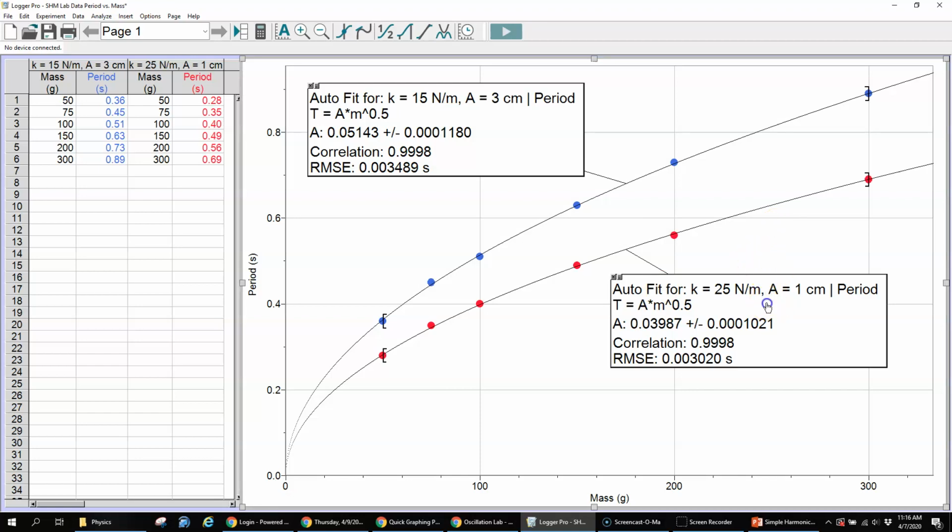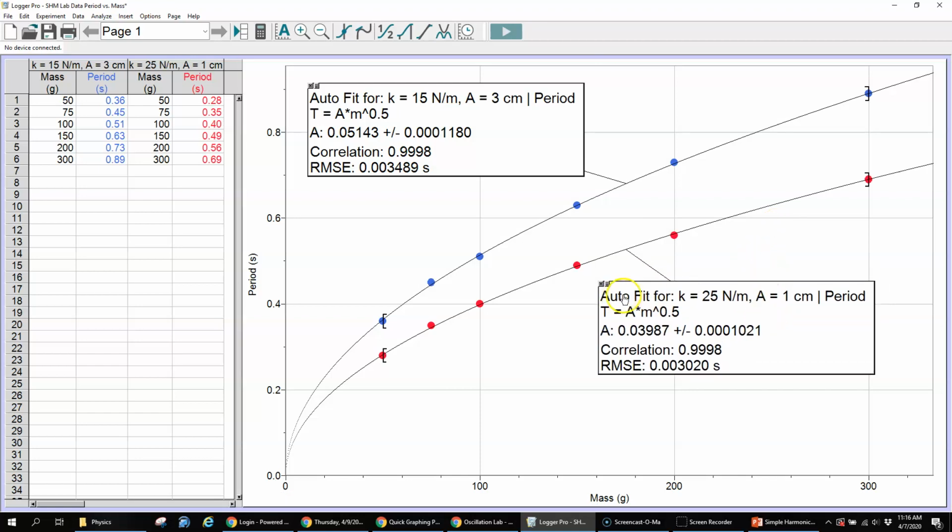It's nice to be able to compare these two. I can see that they're both to the square root power, but they have a different constant. In other words, if I put 100 grams on this system, I'd get a period of about 0.4. If I put 100 grams on this system, I'd get a longer period with the different conditions. I could go this way as well.